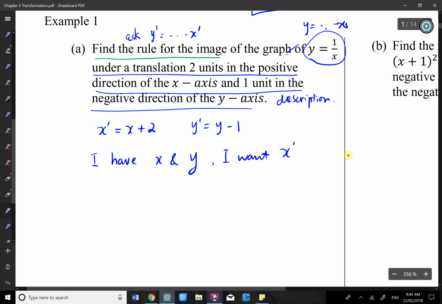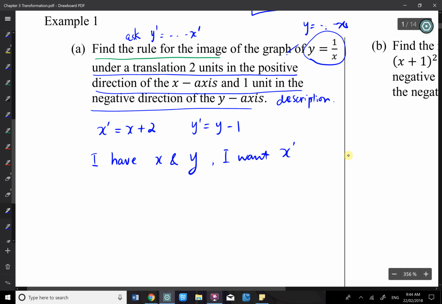So I will make x the subject: x equals x dash minus 2 and y equals y dash plus 1. I have xy, so I want to see what x and y are in terms of x dash and y dash. It depends on what I have. I will change the thing I have into the other thing that I want.